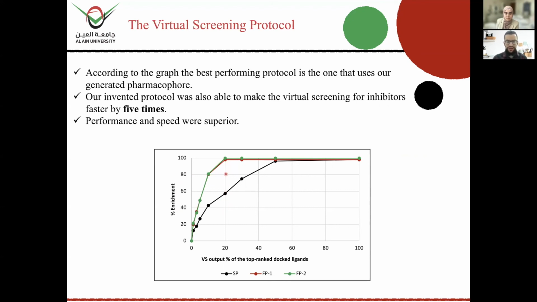On the other hand, the filter-based protocol achieved 100% of the inhibitors retrieved. We also found that the filter-based approach was 5 times faster than the standard protocol, as well as being superior in its efficiency.